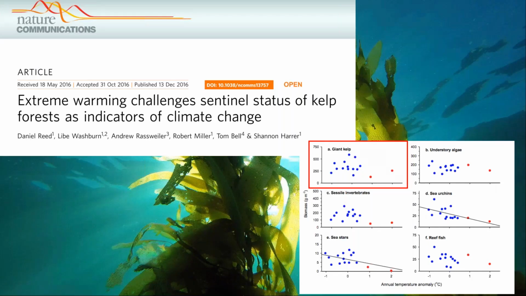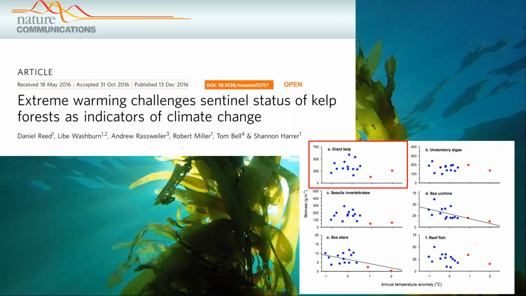There's a paper published by Dan Reed and others that challenged the thought that giant kelp is a sentinel species of climate change. We can see on the figure on the right, where we have biomass on the y-axis and annual temperature anomaly on the x-axis from -1 degree Celsius to 2 degrees Celsius, there wasn't really an impact of temperature anomaly on giant kelp biomass, but they did see significant impacts to sessile invertebrates like sea urchins and sea stars.